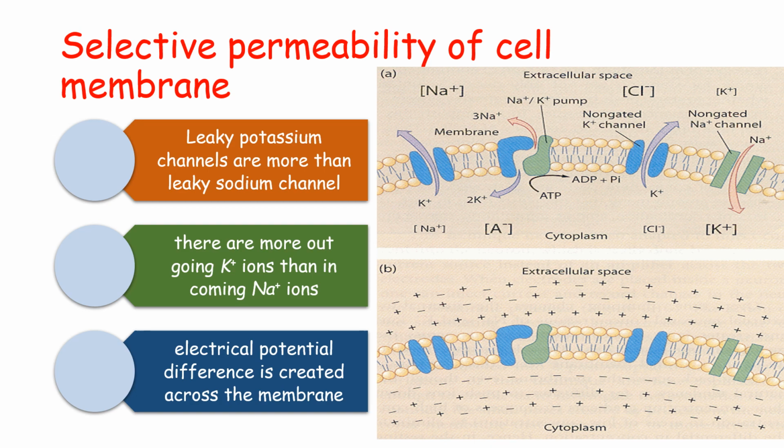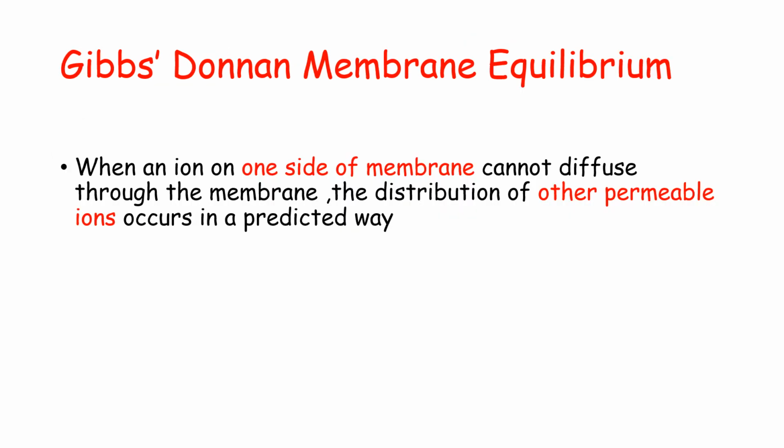The cell will become more negative. This is the first contributing factor of resting membrane potential that leads to the inside being more negative as compared to the outside. So I hope we are clear with the first factor which influences the resting membrane potential, that is the selectivity of the cell membrane.